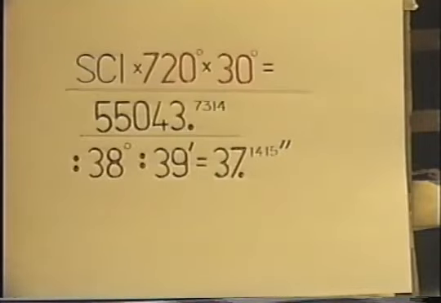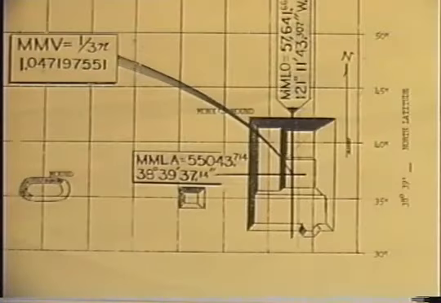SCI, 720 degrees and 30 degrees. The product shows a number which encodes still another set of coordinates, which are easily memorized. 38, 39, 37, almost poetic. 38, 39, 37.14.